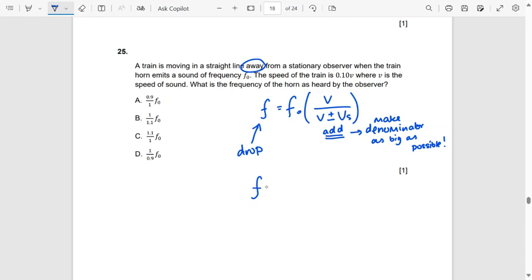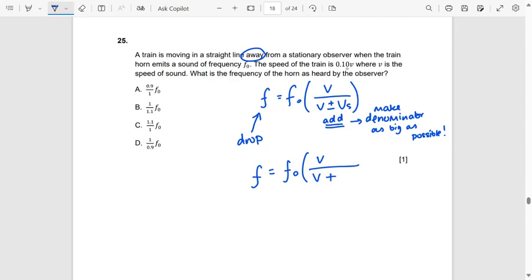So we're trying to find the frequency. So the frequency is the true frequency times by v, the speed of sound, divided by v, speed of sound, plus the train, the source.